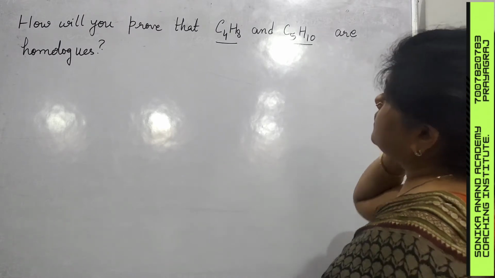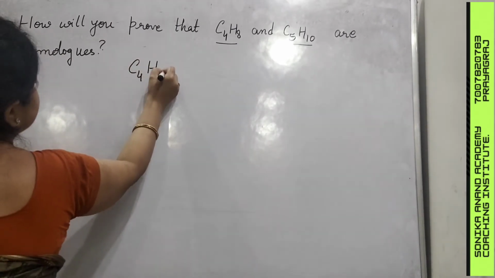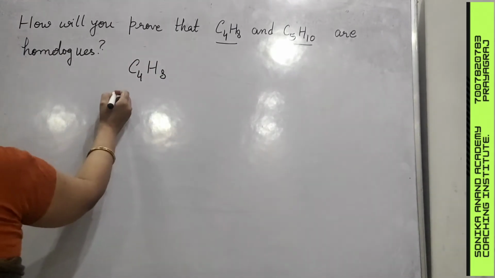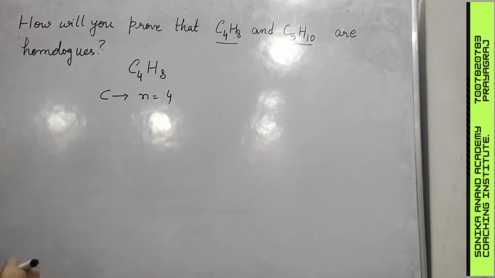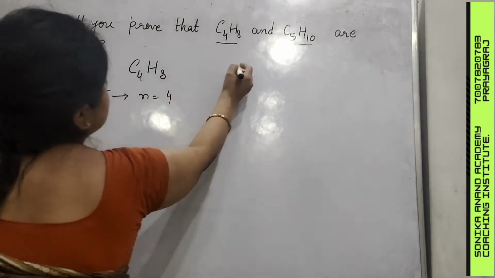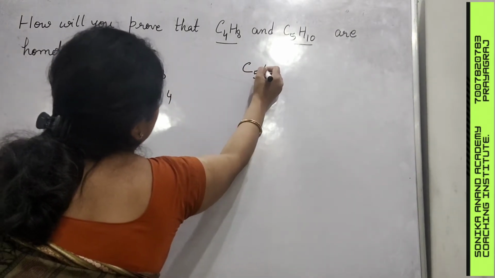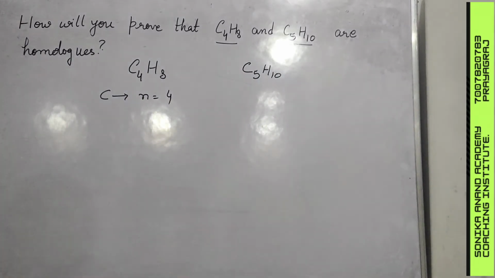Firstly we observe C4H8. That means the number of carbon atoms here is 4. Now we can easily say that there is no functional group like alcohol, aldehyde, etc. There is no functional group.